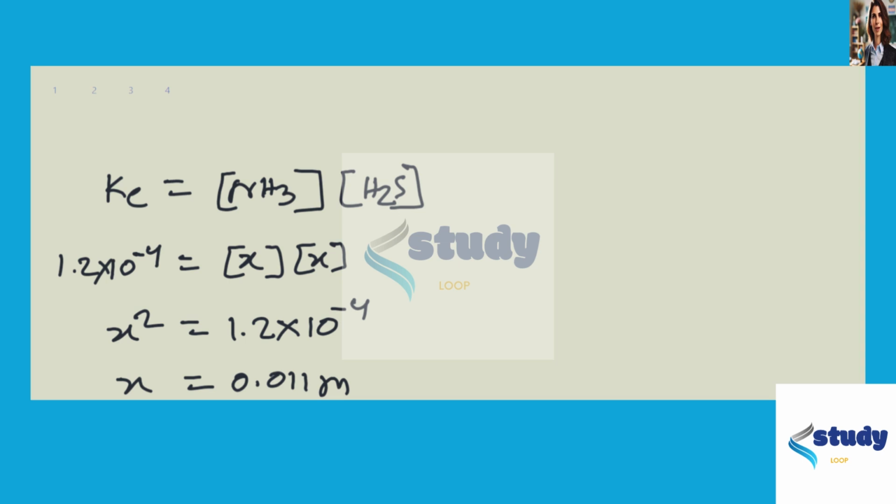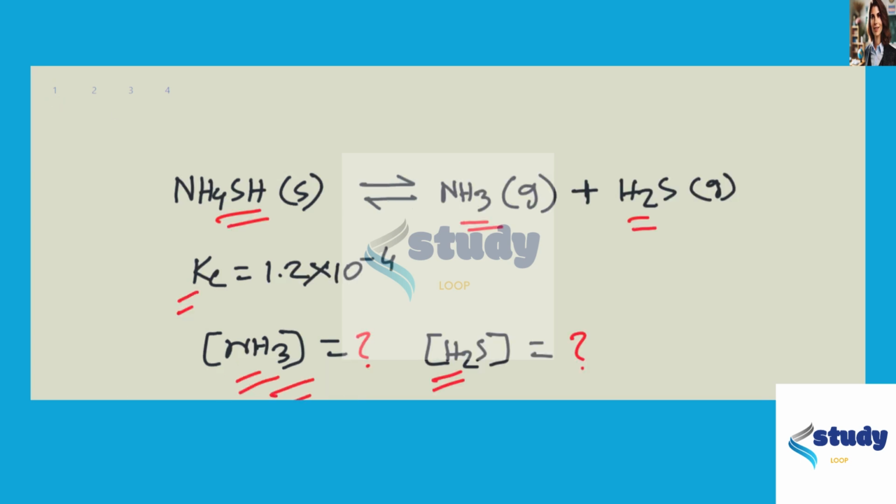So this is the equilibrium concentration for both of the products, that means NH3 and H2S. For both of them, the equilibrium concentration is 0.011 molar.